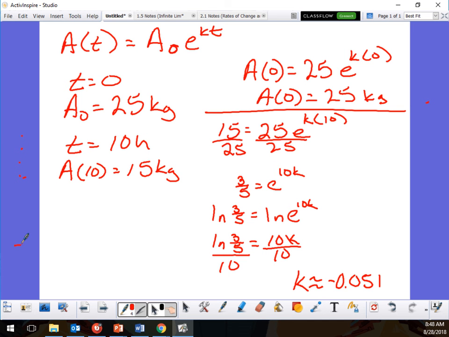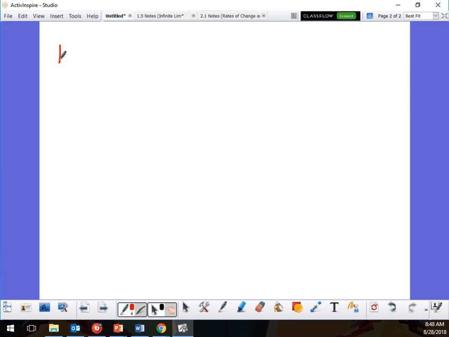Okay, I'm trying to finish this. So, k is about negative 0.051. Now, question A says, how much is left after 24 hours? Okay, how much is left after 24 hours? So what would my t be? It would be 24, right?